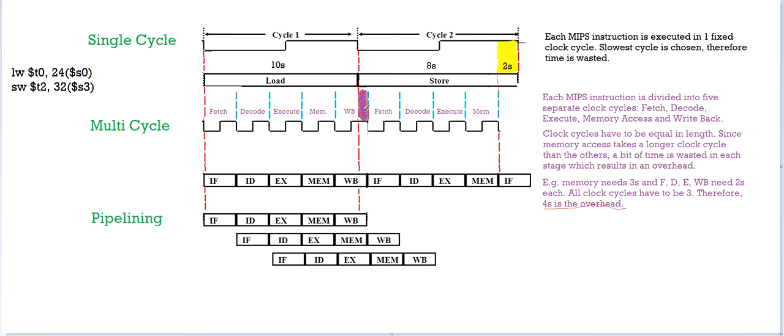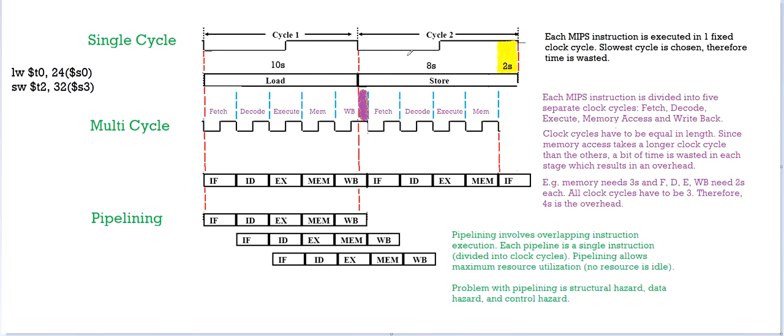So that's the problem with multi-cycle, and the advantage of multi-cycle is that there is no fixed number of clock cycles for each instruction, unlike in single cycle. So in order to combat that, we have our third MIPS execution process, and that is pipelining. Pipelining involves the same concept as multi-cycle.